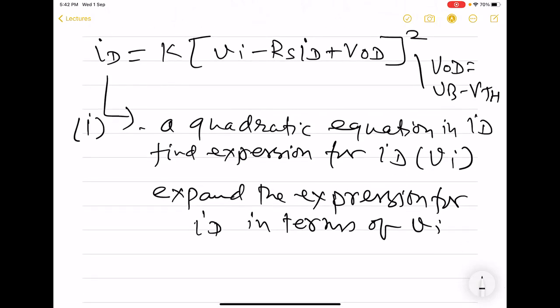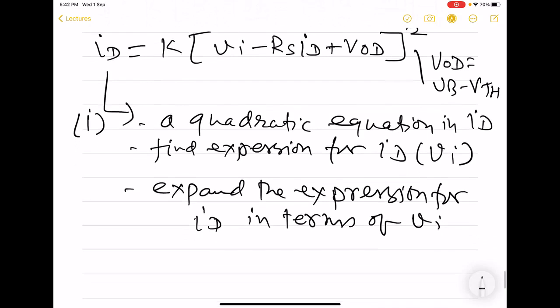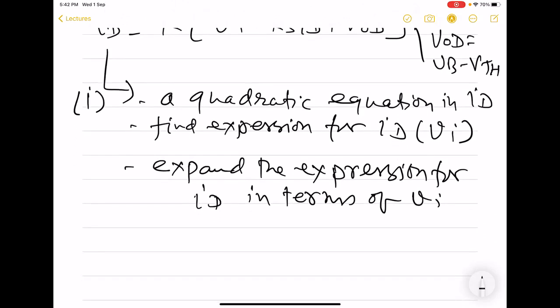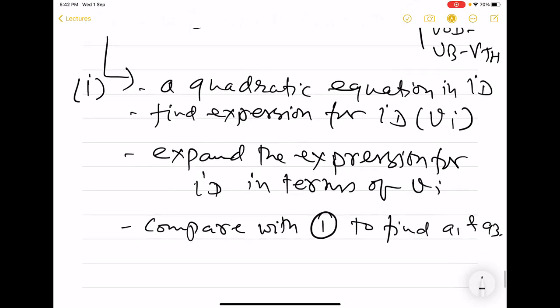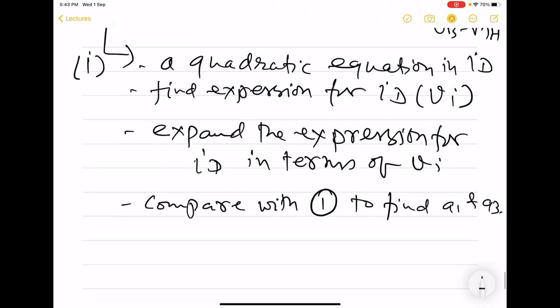So quadratic equation, find the expression, expand, and then of course compare with equation 1 to find A1 and A3. So this is going to be a more tedious path, so we'll not take this route.